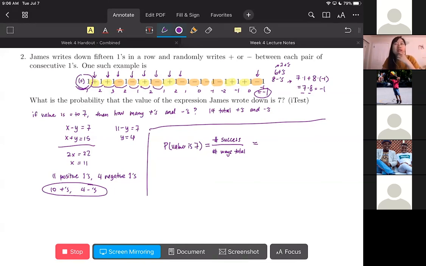I don't think this is a stars and bars question. Let me explain how we would calculate it, and then we can talk about if you still think stars and bars would make sense here. For the total number of ways, James has to write down 14 signs in order, and for each of the signs he can write one of two possibilities, a plus or a minus.